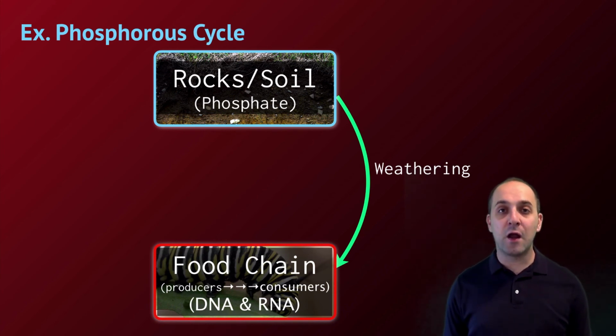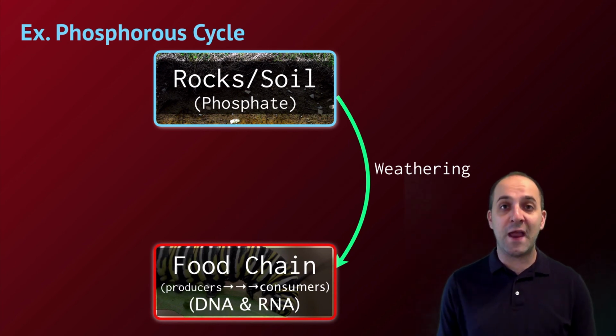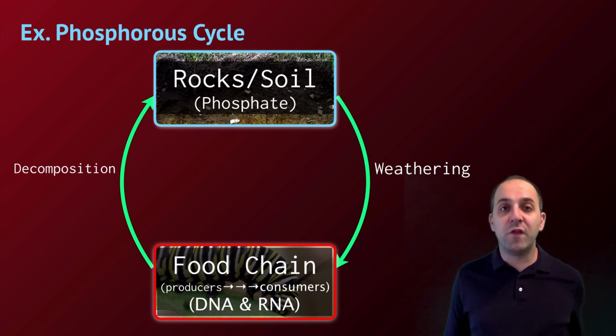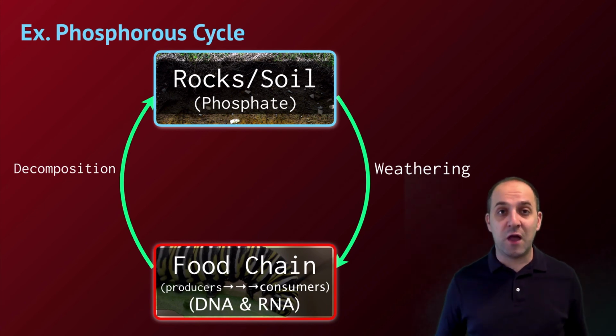Phosphates are found in a couple of different biological molecules, but specifically they're incorporated into nucleic acids, DNA, and RNA. When organisms excrete waste or pass away, that phosphate can be returned back into the abiotic reservoirs, and over the timescales necessary for the geological processes of the rock cycle to occur, can be once again incorporated back into the abiotic reservoir.